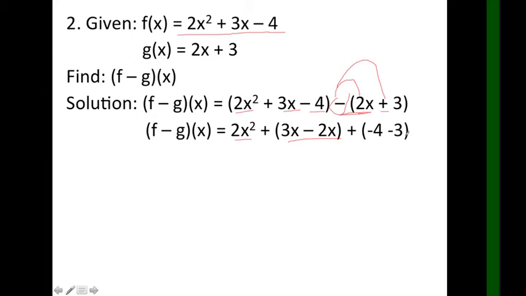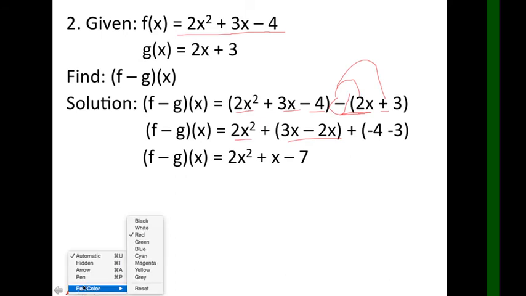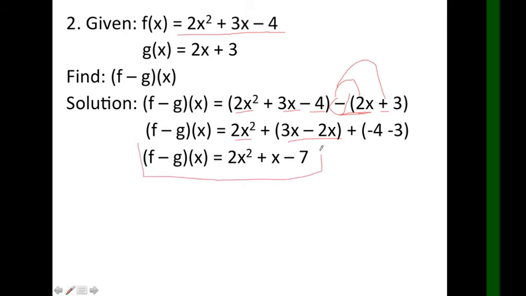So we have 4 plus 3 is 7 and then just copy the sign, negative 7. So all in all, we have 2x squared plus x minus 7. So this will be now our final answer for the subtraction of f of x minus g of x.